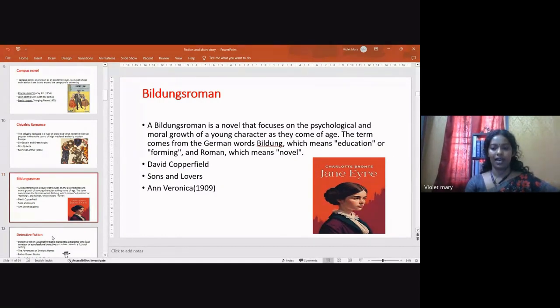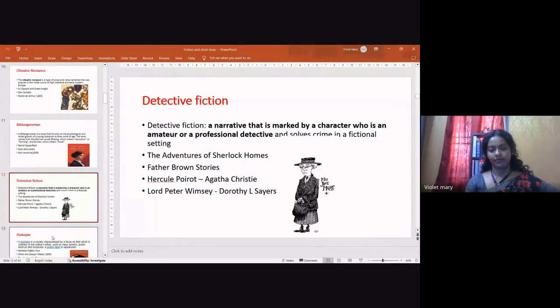You also have Jane Eyre by Charlotte Bronte. David Copperfield was published in which year? 1850. Always read your work along with the year of publication. Sons and Lovers, 1913.